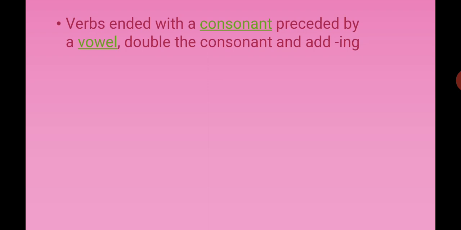It means that if the last letter of the verb is a consonant and the second last letter is a vowel, then we will double the consonant, means we will double the last letter of the verb. Let's see the examples.